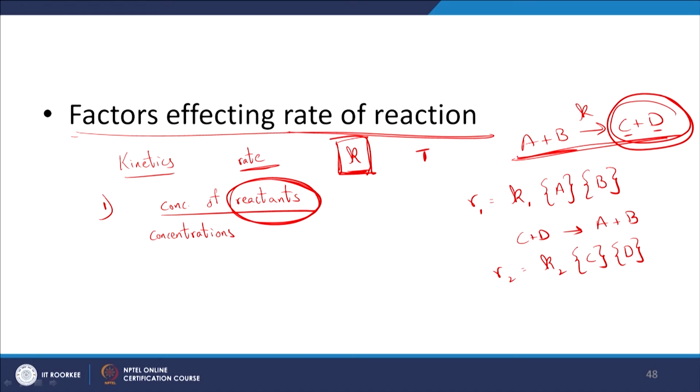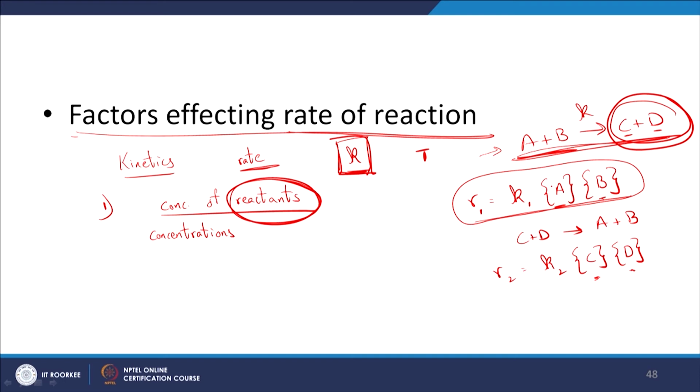In the first reaction A and B are the reactants and C and D are the products, which is why you see only the variables for the reactants in that equation. In the second equation, where C and D react to give A and B, you have only the activities or concentrations of C and D. So that is what you have here.